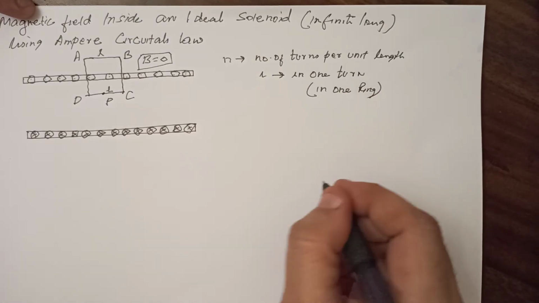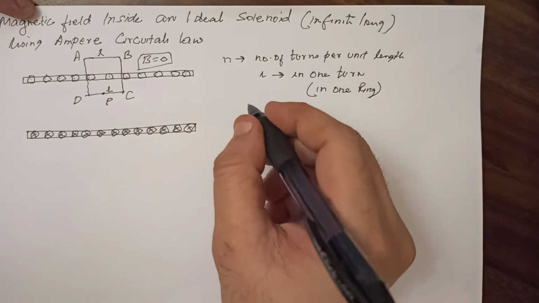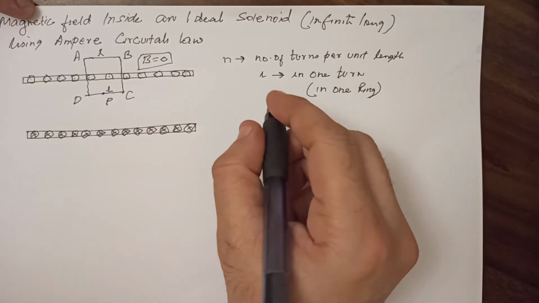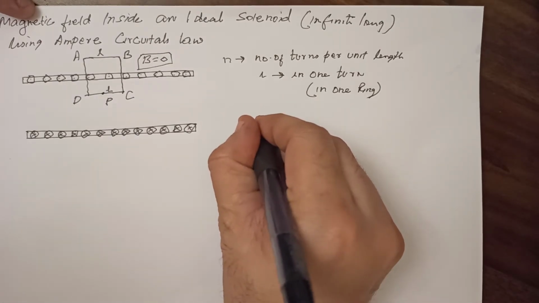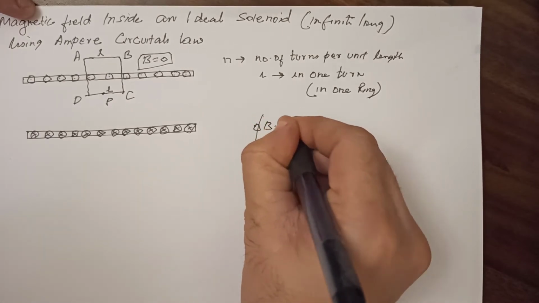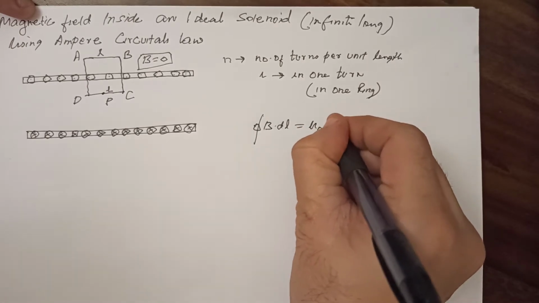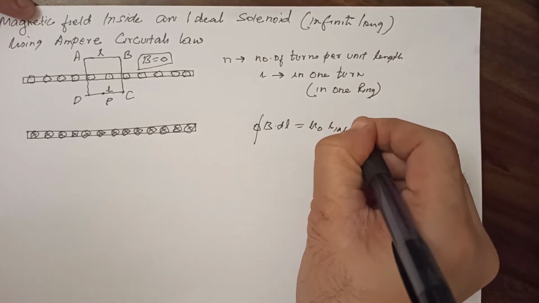Now if I go back and check the Ampere's Circuital law equation, as you know, it is nothing but the closed integral of B dot dl is equal to mu naught I inside.